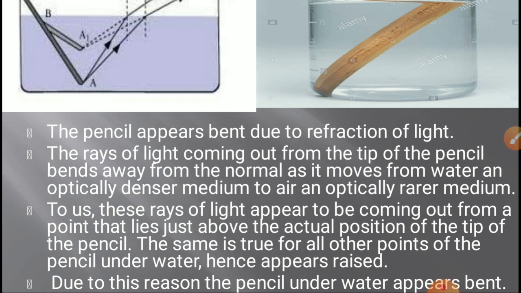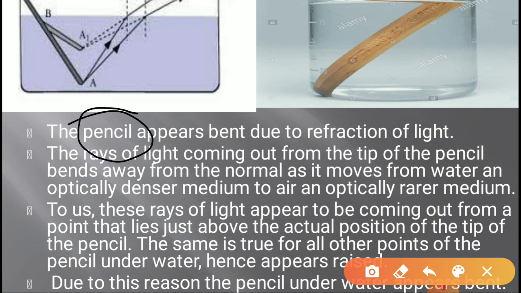To answer this, the word pencil is replaced by coin. Now the rays of light coming out from a point in the coin bend away from the normal as they move from water, an optically denser medium, to air, an optically rarer medium.